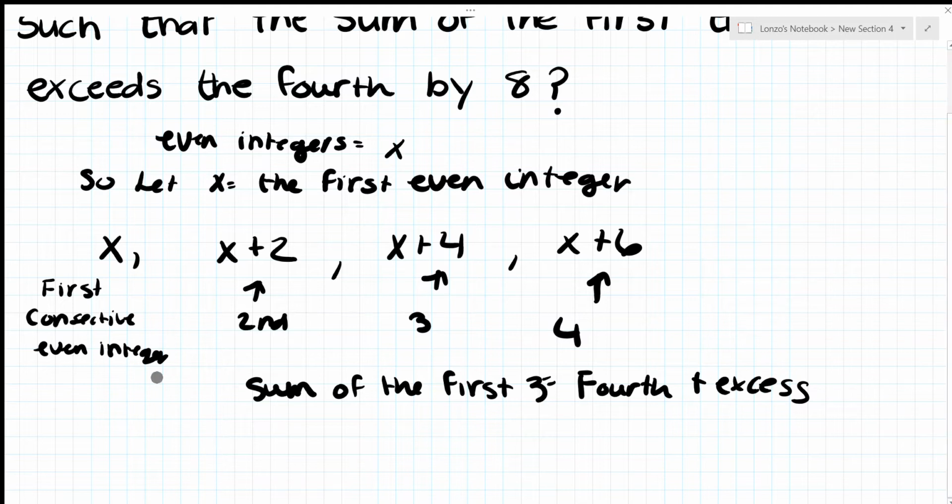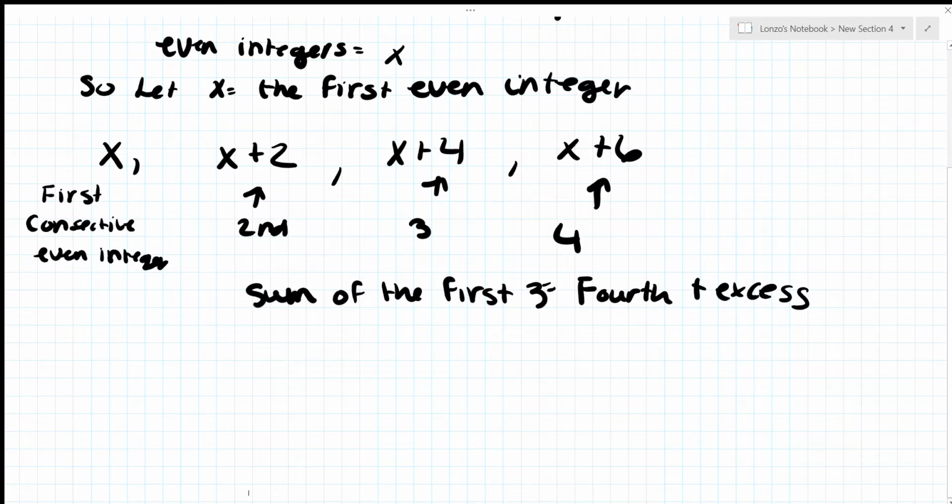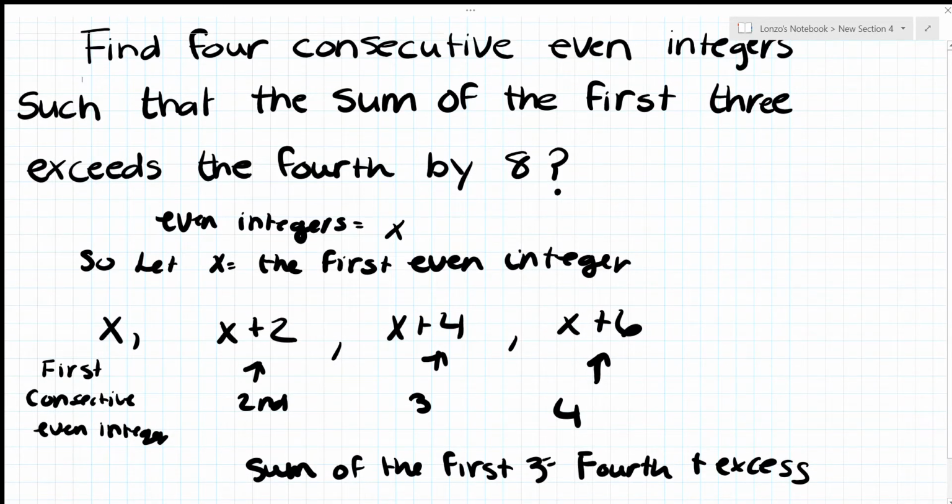On the left side, it says sum of the first three. So what does sum mean? You just add the first three. So we're going to add x plus the first three, right? So it's x plus 2 plus x plus 4, equals the fourth plus the excess. What is my excess? 8, right? It exceeds the fourth by 8.